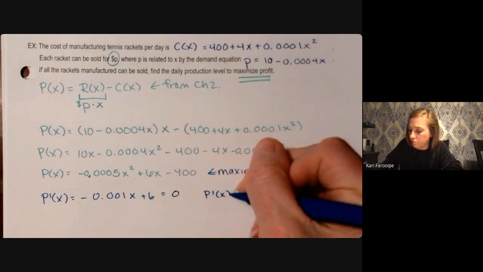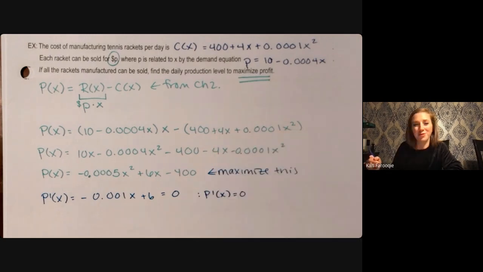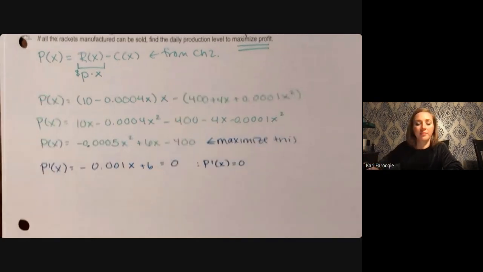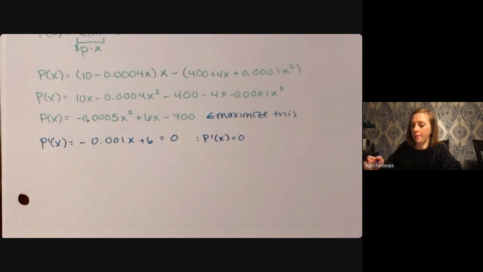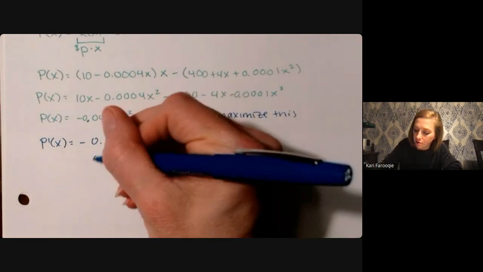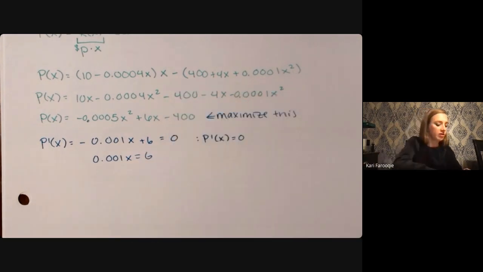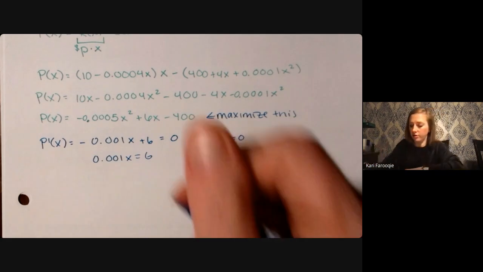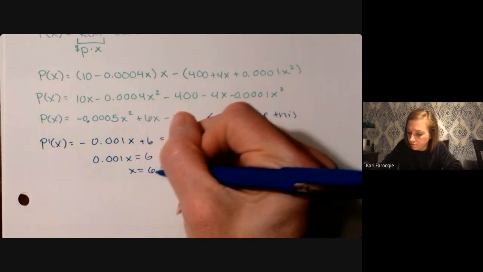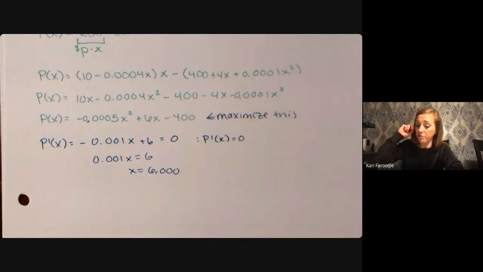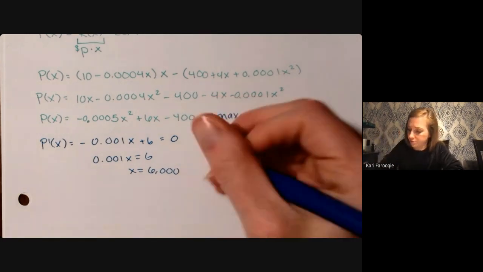So this would be P prime of X equals 0. I know I'm doing it in reverse. So now I know that 0.001x equals 6, and I can take 6 and divide it by my answer to get 6,000. Well, remember 6,000 would just be the number of rackets.